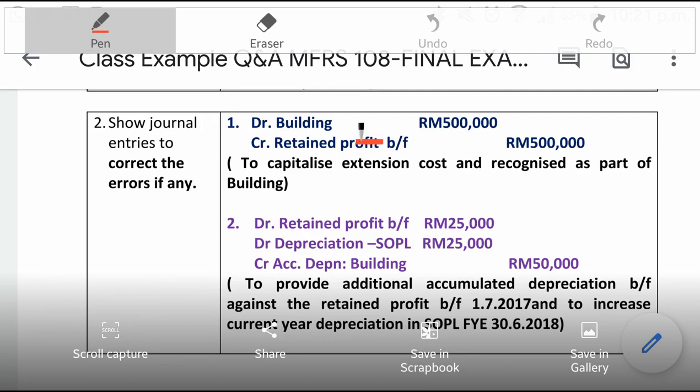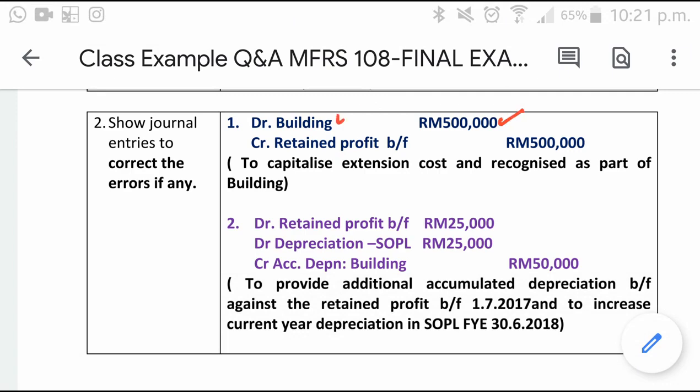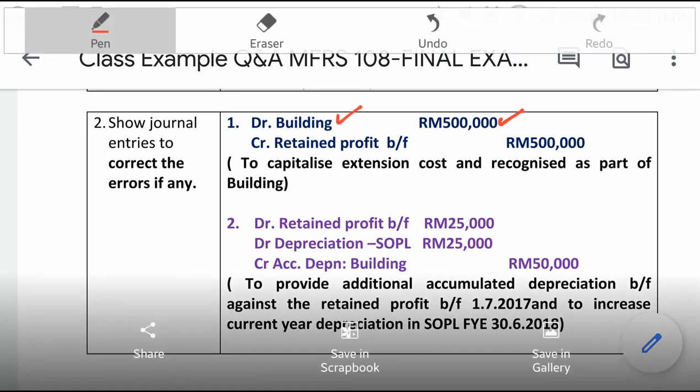What you can do is debit the right account. So you will debit building, because you earlier debited the extension cost. But you cannot credit the extension cost to remove it from the list of expenses, because the extension cost at that time has already been closed off to the SOPL in 2017, 30th of June.